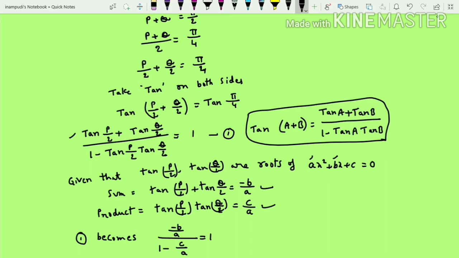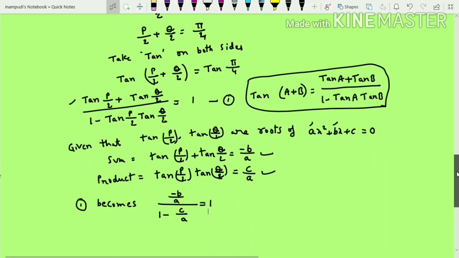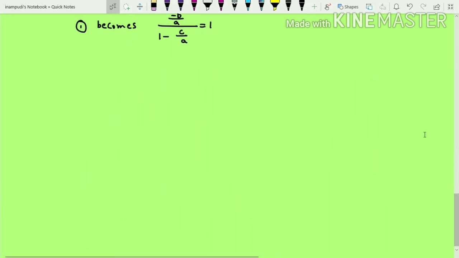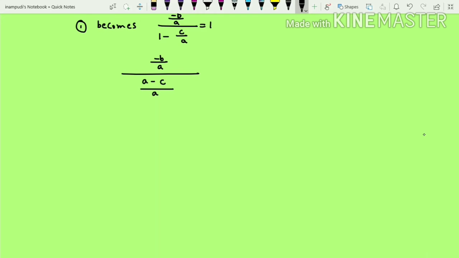That implies minus b by a, whole by a minus c by a, LCM a, equal to 1.